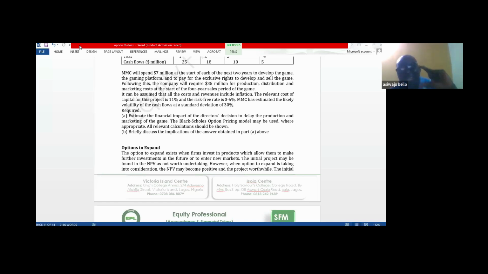The initial projects may not be financially viable, but these projects provide opportunity for expansion when the option to expand is taken into consideration. The net present value of the projects may become positive and the project becomes financially viable.